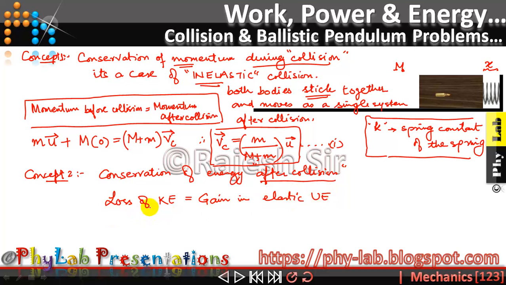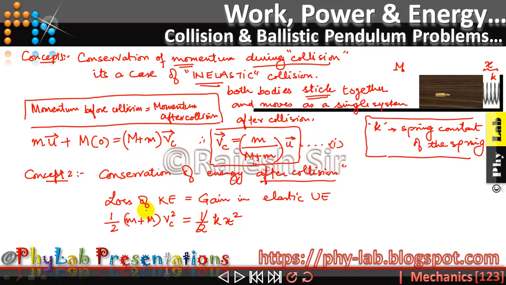What is the loss of kinetic energy? That is half (m plus M) into vc squared. It is utilized in getting converted into the elastic potential energy. The formula for elastic potential energy is half k x squared, where k is the spring constant of the spring and x is the compression produced in the spring.